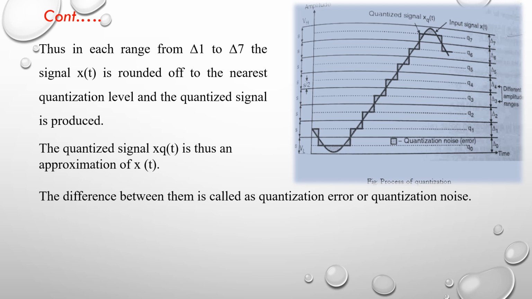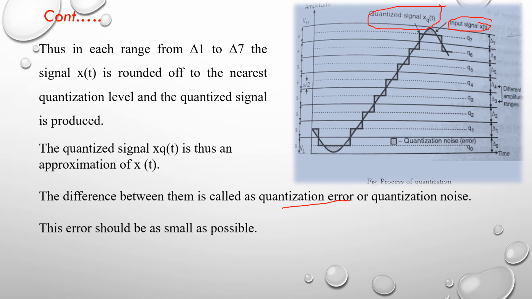So x of t is the input signal and xq of t is the quantized signal. The xq of t minus x of t is the quantization error or quantization noise. The difference between the quantizer output and the quantizer input we call quantization noise or quantization error.